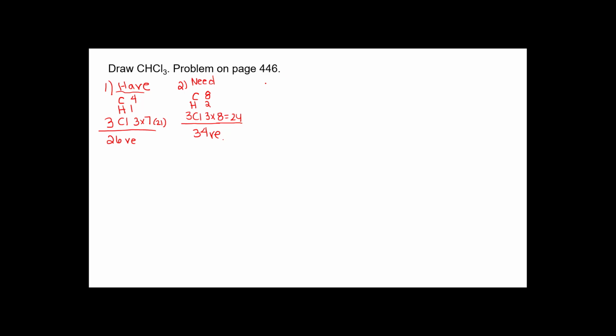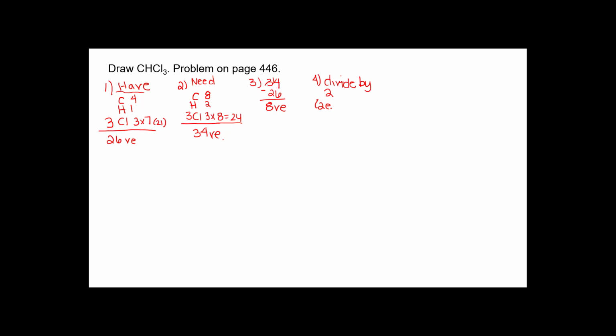Now, number 3 is to subtract them. So 34 minus 26 is 8 valence electrons. And then number 4 is divide by 2. Why?